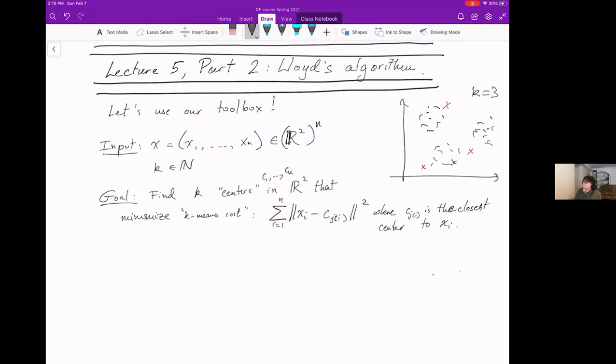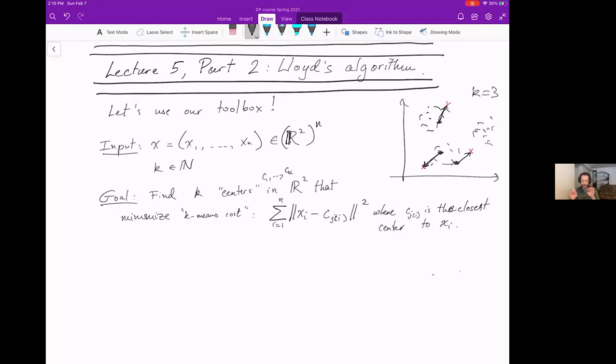For this data point here, the nearest center might be that one, and I would look at that distance and square it, and that would be its contribution to the cost. But for this data point here, its nearest center is this red X, and so its contribution to the cost would be this. So for each data point, I find the closest center, look at the distance to that center, square it, and that's that point's contribution to the overall cost.